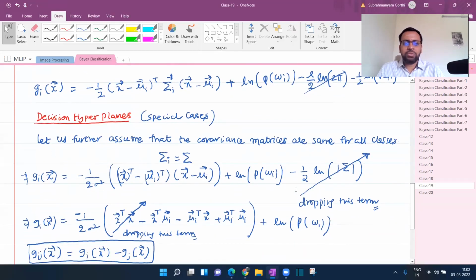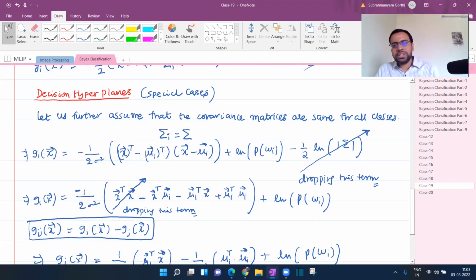After that, we considered a special case where the covariance matrices are the same for all the classes, so covariance matrix sigma i equals sigma for all those classes. The eventual goal is to look at how the decision hyperplanes would look, what would be the equation of that. To achieve that, as a first step, we looked at how the discriminant function, which is a monotonically increasing function, would look.